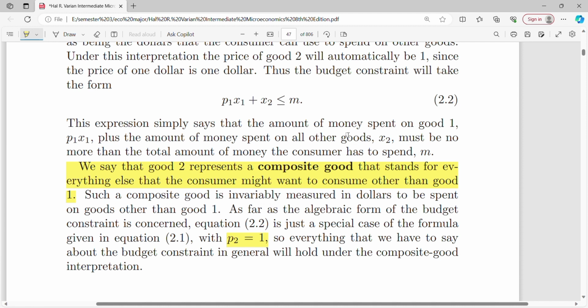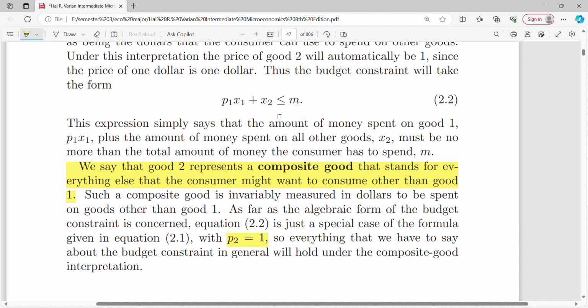That means if X1 is milk or cloth or whatever, for the time being we can consider good 1 as milk. Then X2 will be all the goods that the consumer might want to consume other than milk, other than good 1. So X2 does not denote any specific good, but everything else other than good 1 that the consumer wants to consume.